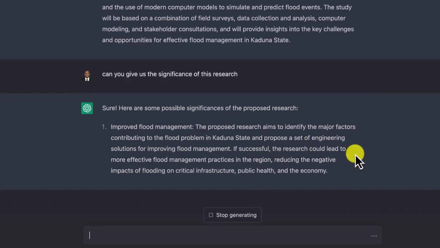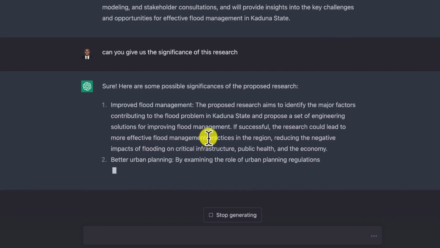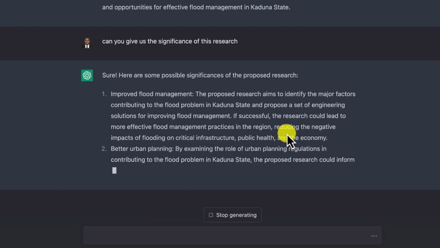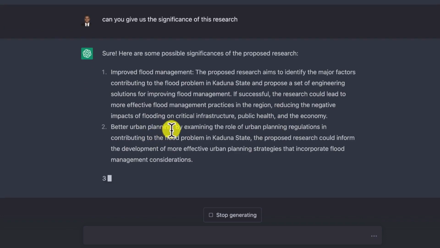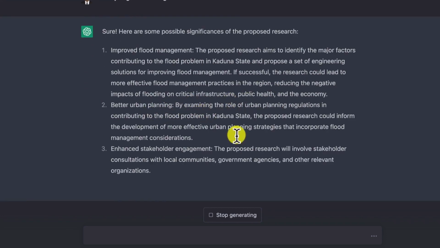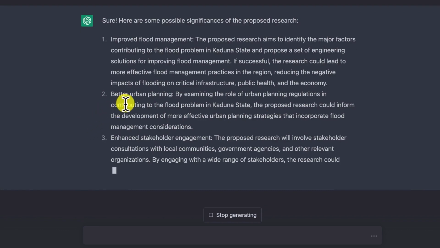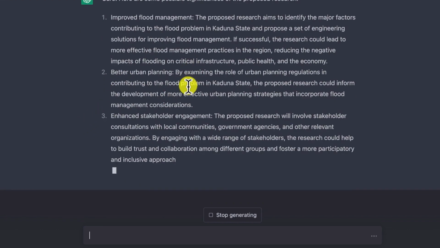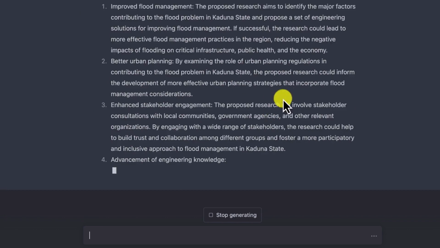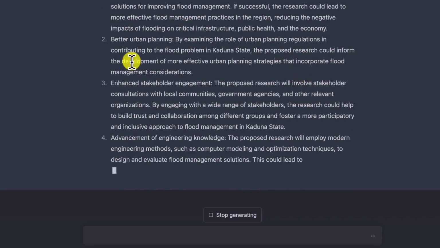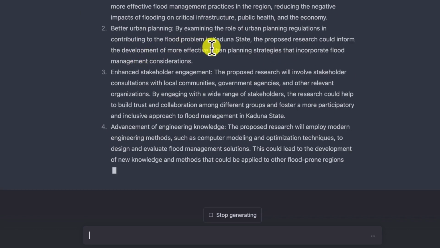If successful, the research could lead to more effective flood management practices in the region, reducing the negative impact of flooding on critical infrastructure, public health, and economy. And then we have better urban planning. So if we are successful by examining the role of urban planning and regulations in contributing to the flood problems in Kaduna State, the proposed research could inform the development of more effective urban planning strategies that incorporate flood management considerations.